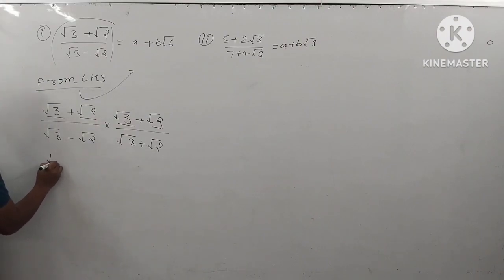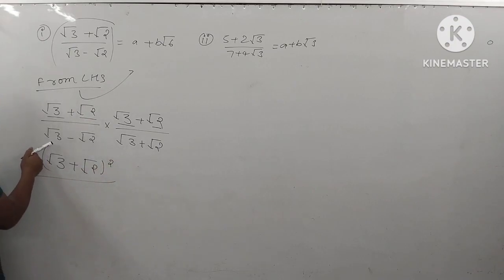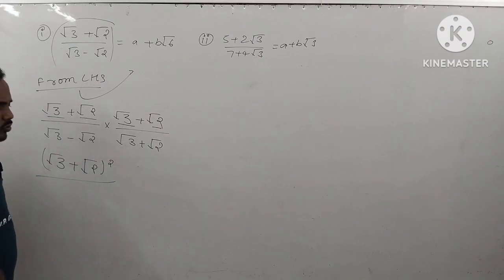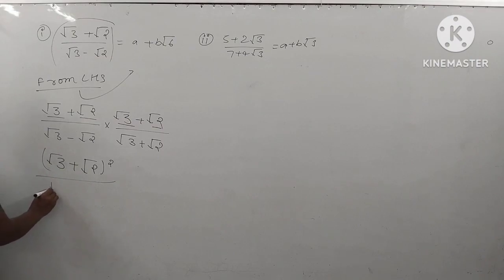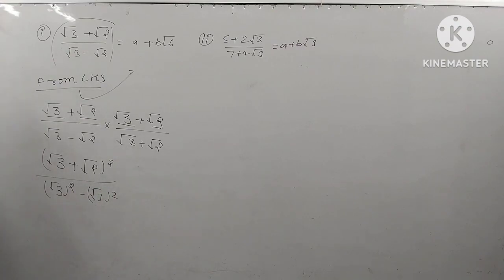The numerator becomes root 3 plus root 2 of whole square, and a minus b into a plus b is equal to a square minus b square, so the denominator is root 3 of whole square minus root 2 of whole square. The formula of a plus b of whole square is a square plus b square plus 2ab.